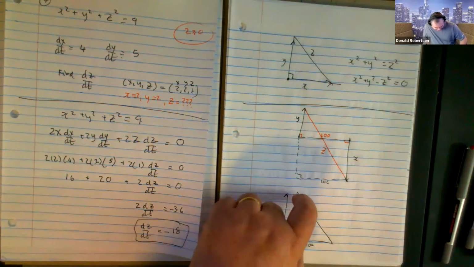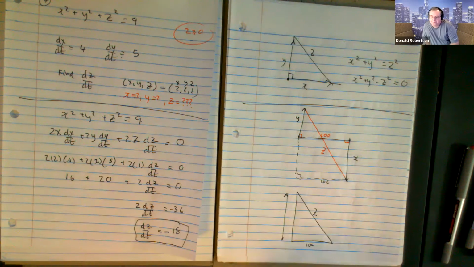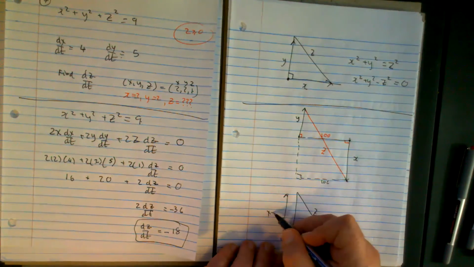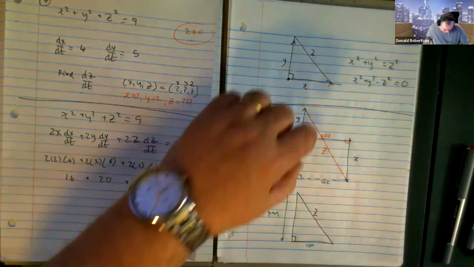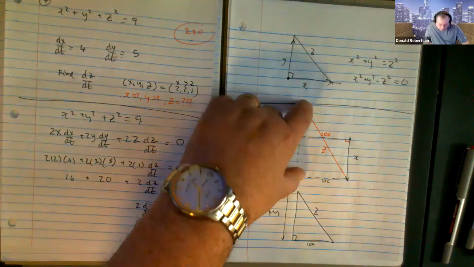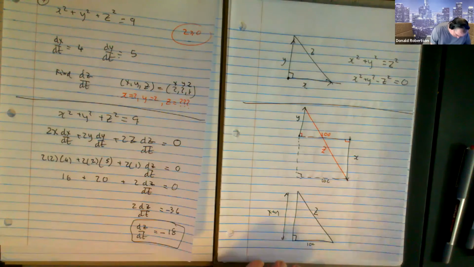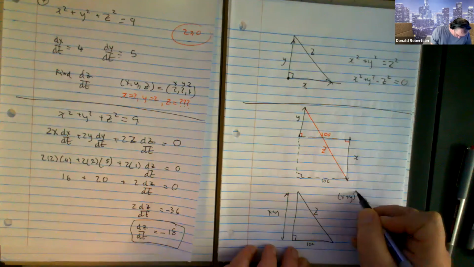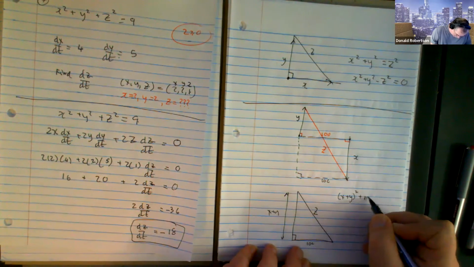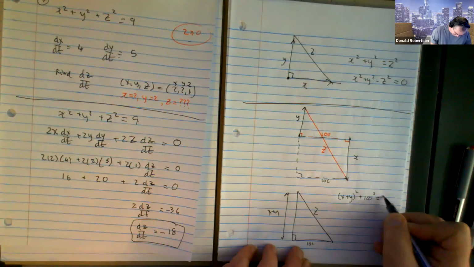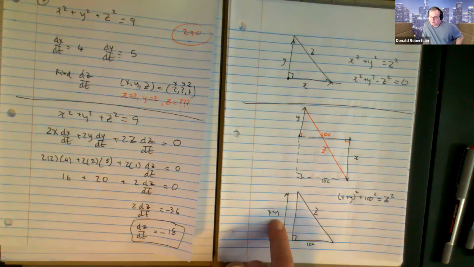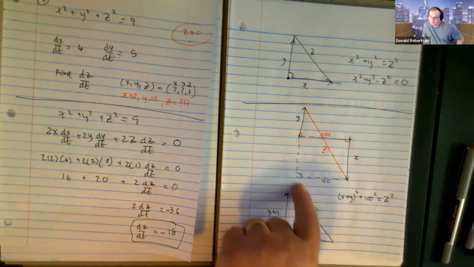What is the distance from here to here? X plus Y. Are you all happy? That bit's Y, that bit's X. If you slide this over, X plus Y. Now the connecting formula then, isn't it going to be (X plus Y) squared plus 100 squared equals Z squared? Right, that's the connecting formula. Pythagoras, that guy squared plus that guy squared equals this one squared.